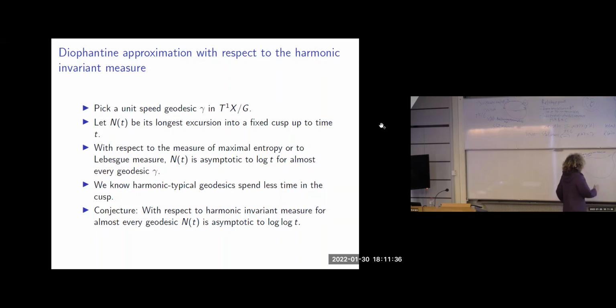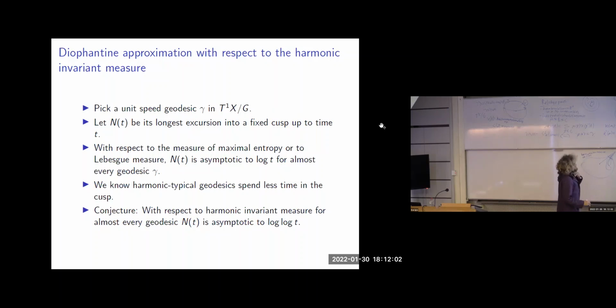Okay, so now you pick a geodesic. So you pick a cusp here, maybe everything where the injectivity radius is less than something. And you pick a geodesic. Most geodesics, of course, by any kind of ergodicity are going to go in and out of this cusp, et cetera, et cetera.